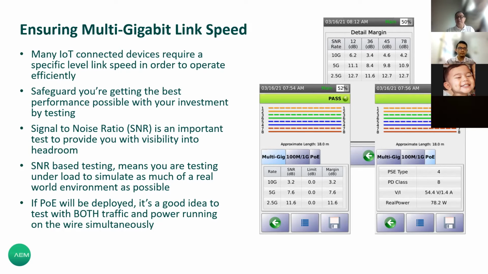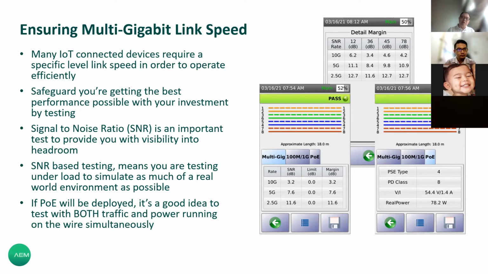So for example, real power 78.2. The power source equipment is 90 watt. In this case, it's a 90 watt injector that supplies 90 watt, but at the end of the cable, it only gives you an output of 78.2.